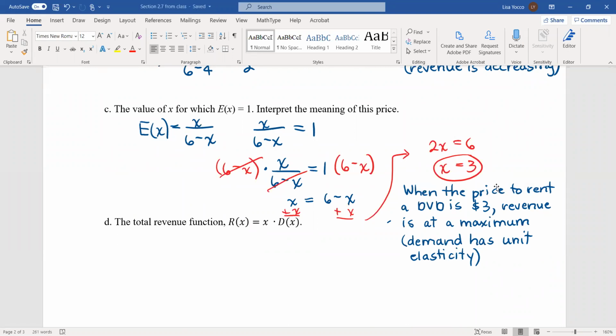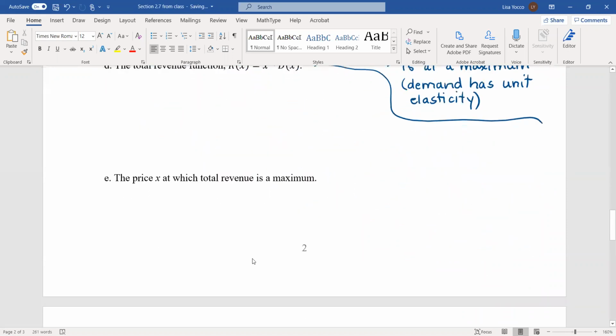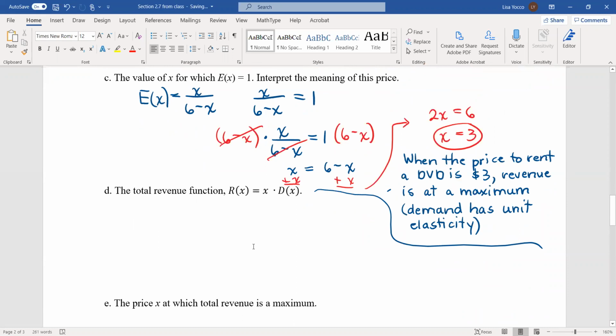Okay, then part D. Find the total revenue function. So there's the formula. The revenue is x times D of x.